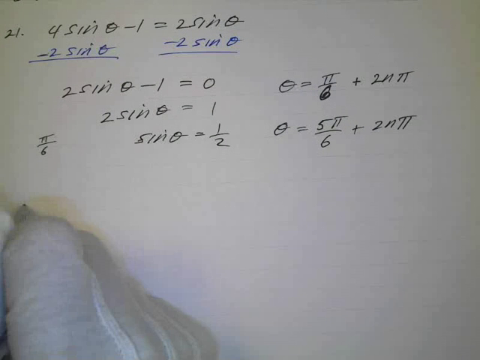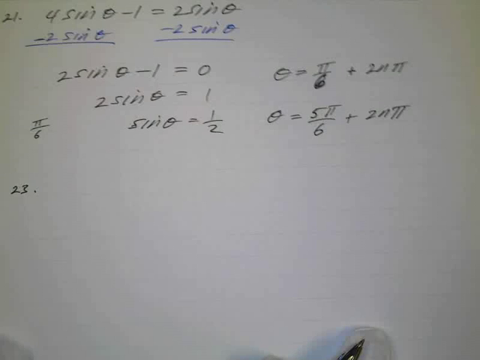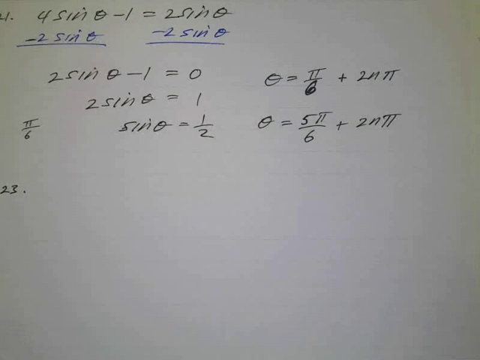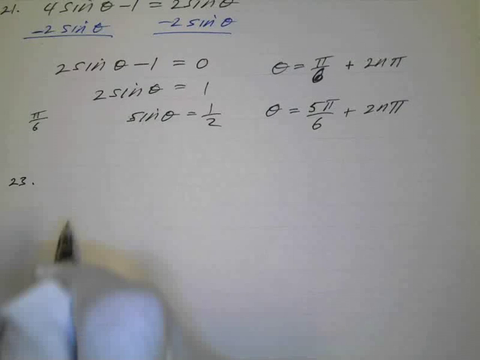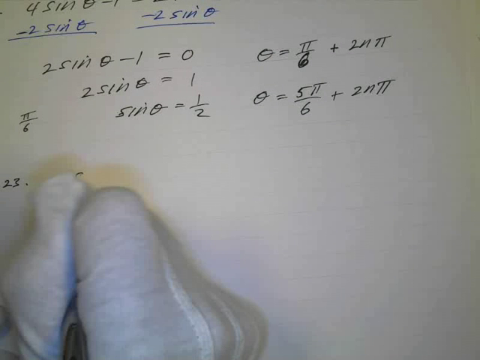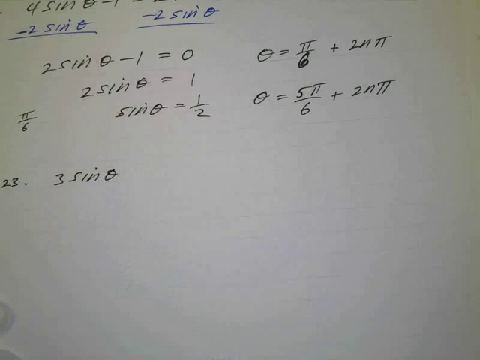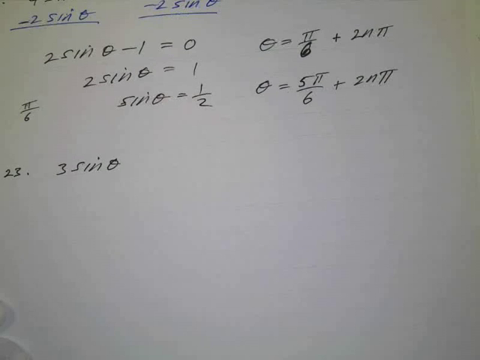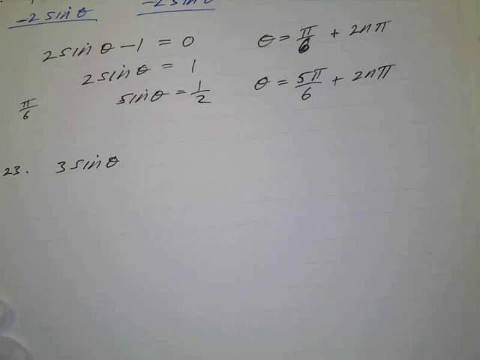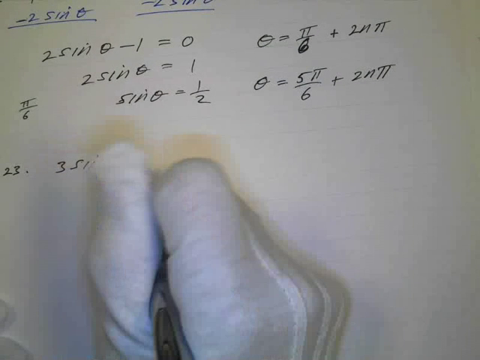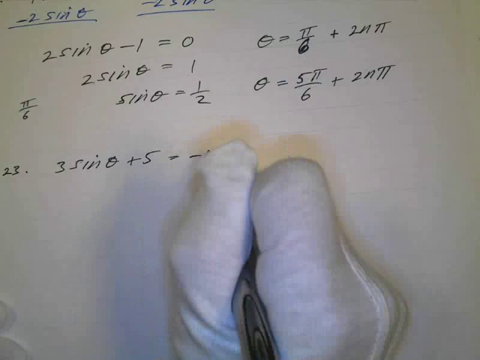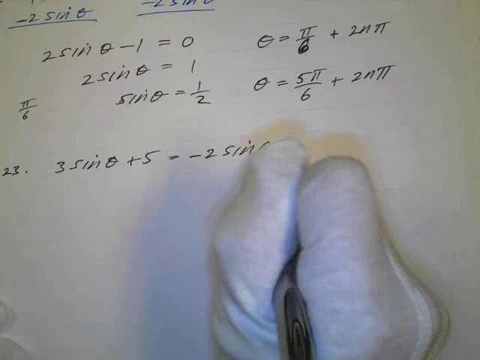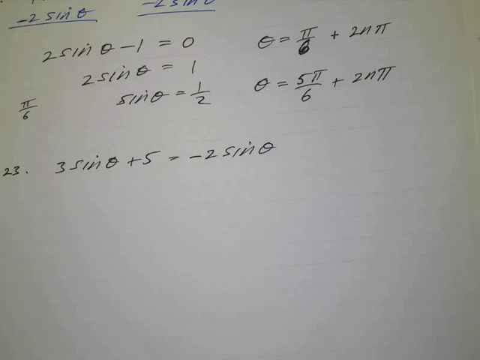Okay, then number 23. This is the last of this little exercise type. Number 23, 3 sine of theta plus 5 equals negative 2 sine of theta.